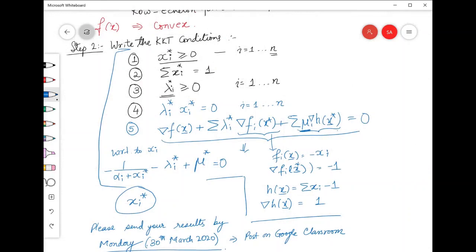After solving these conditions, we are going to get the optimal values of x_i star. This I am giving you as homework. Please solve it and post your results on Google Classroom, or you can also email me.